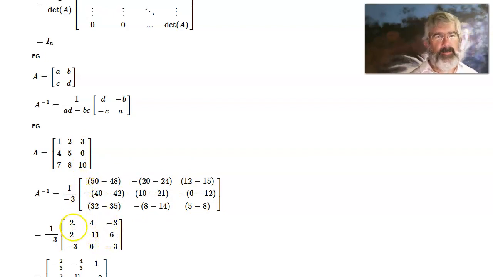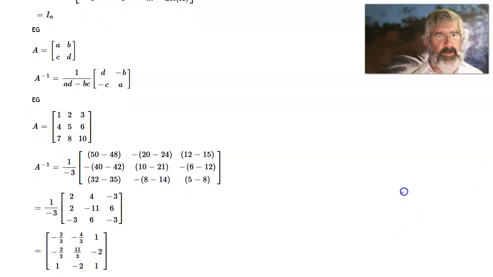And I end up with this matrix right here, which is that. So I could do that inverse without using my calculator and without having to do a whole bunch of row operations to do it. I could just do the adjoint.